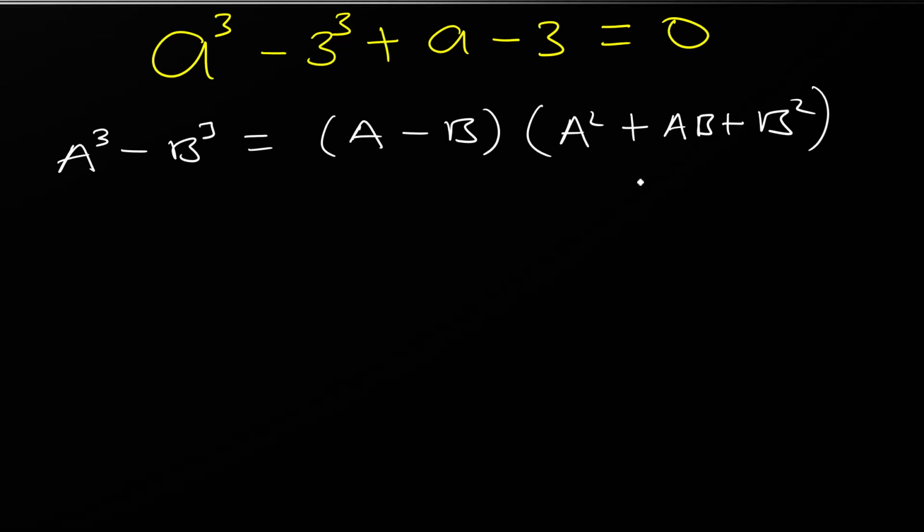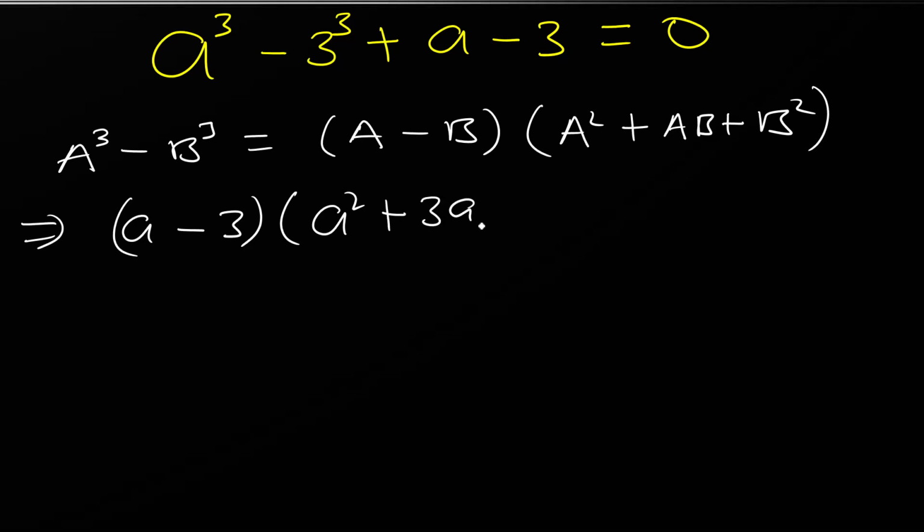Simple as that. Now let's compare this one to this. That would be a minus 3 times a squared plus the product 3a plus 3 squared, 9, plus a minus 3 equals 0.